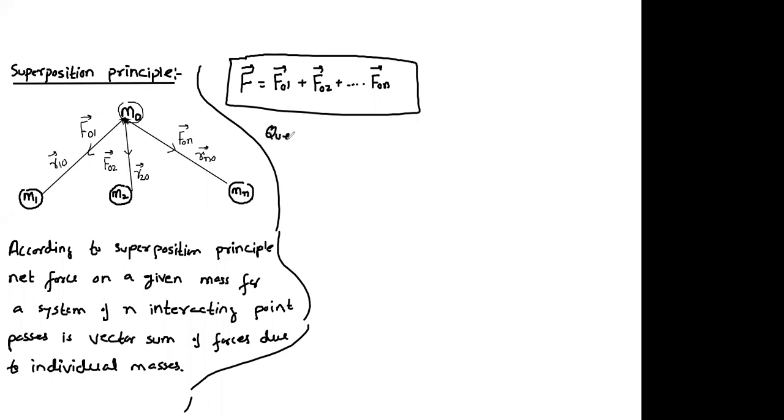Let's take an example on this concept. Let's say you have a system having three masses. You have a mass of 2 kg, another mass of, let's say, 10 kg, and a body of mass 5 kg.